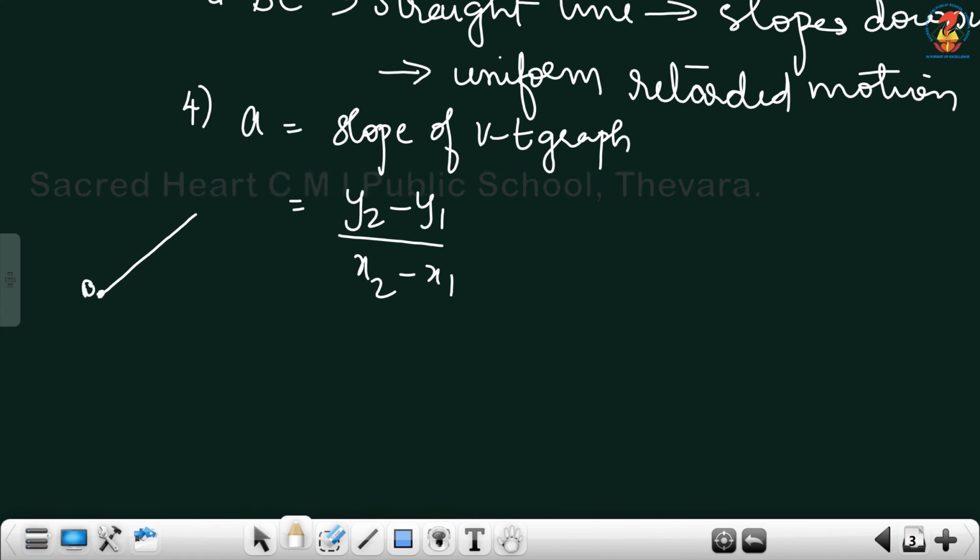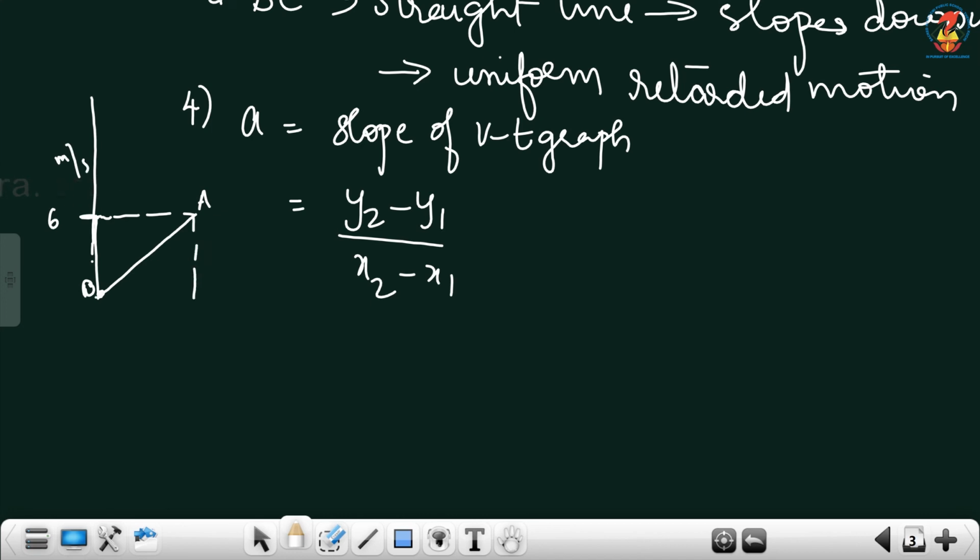This one is O, A, this one is the axis. So, here 6 meter per second, here time is 4.